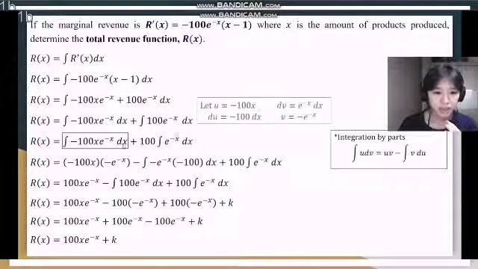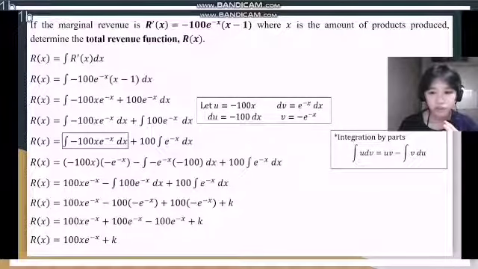We can use integration by parts, and this is the general formula of integration by parts. We let u equals negative 100x, and then differentiate u with respect to x, we get du equals negative 100 dx. Then dv will be e raised to the negative x dx, and integrating it we get v equals negative e raised to negative x.